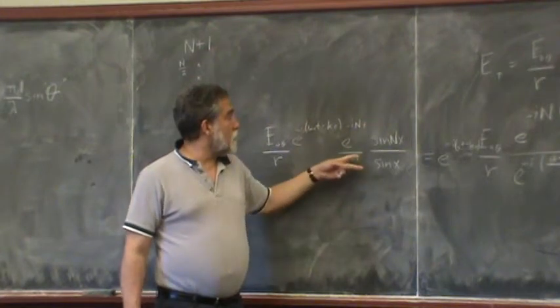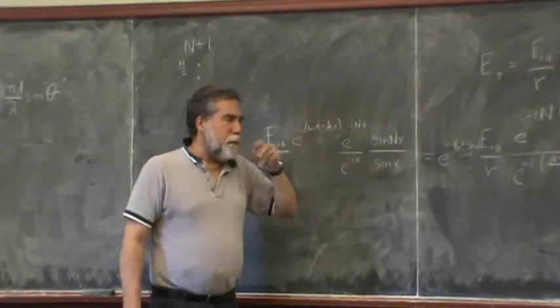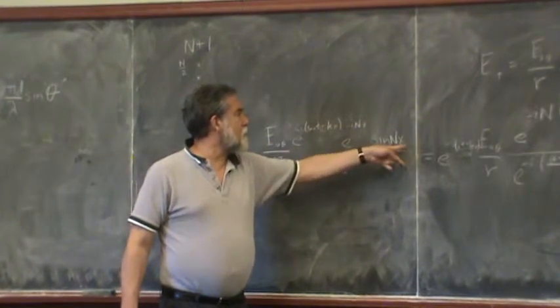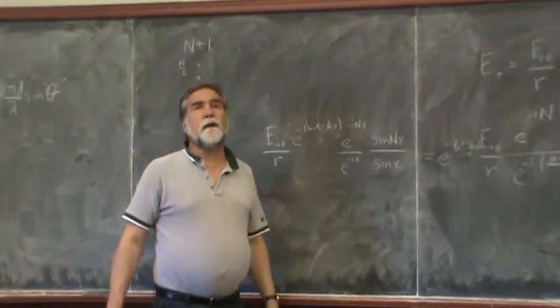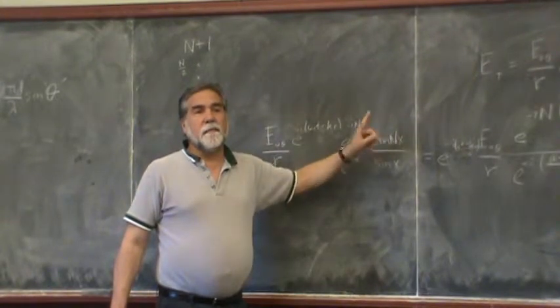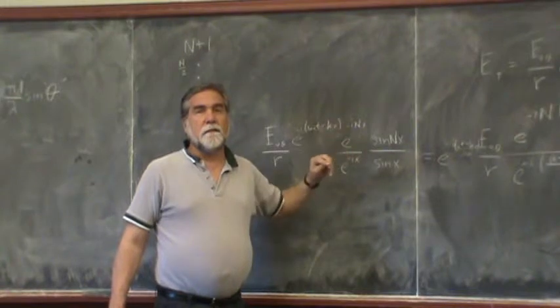And at every multiple, x being a multiple of pi, it's going to be plus or minus n. Let me think about that.